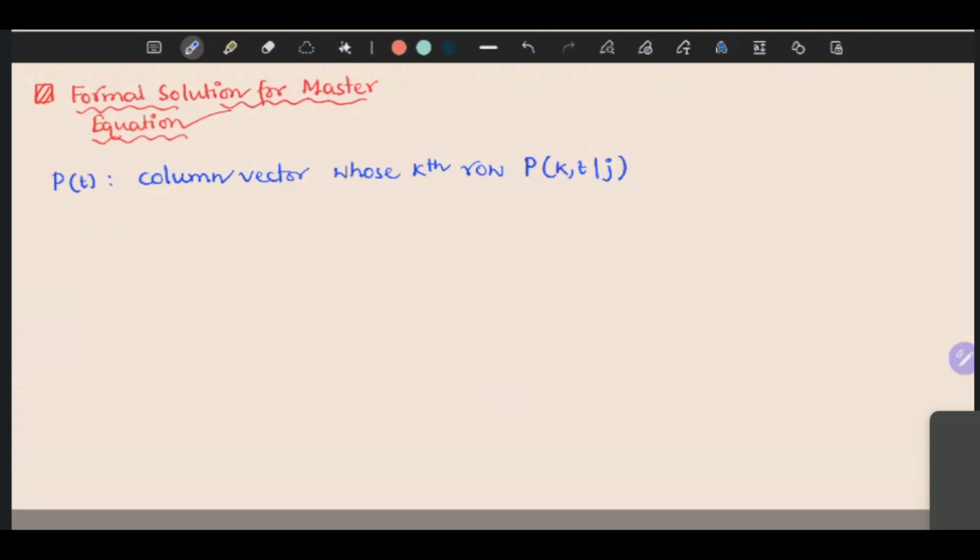Now master equation is actually the time evolution equation for conditional probabilities.